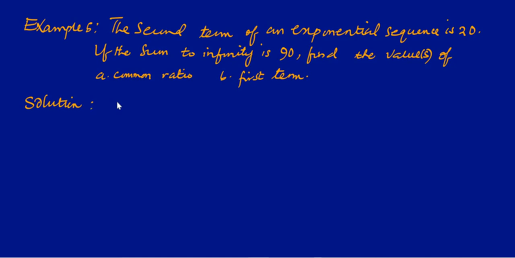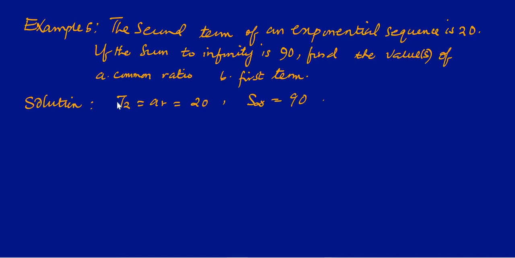We have that the second term, which is T2, is equal to AR, which equals 20. And again, the sum to infinity is equal to 90.